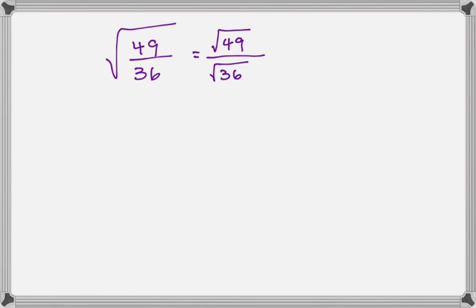But the square root of 49 is 7. And the square root of 36 is 6. So if you happen to have a fraction as your radicand, you just take the square root individually of numerator and denominator. Everybody good so far? You want to do one more? Let's do one more.